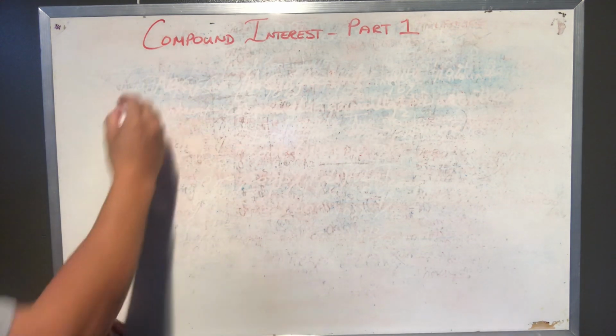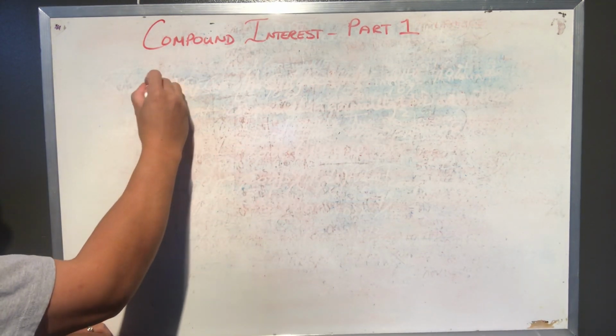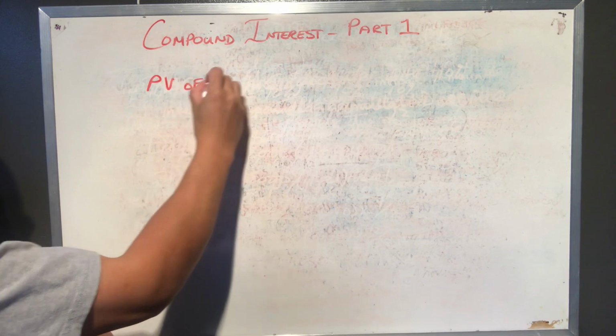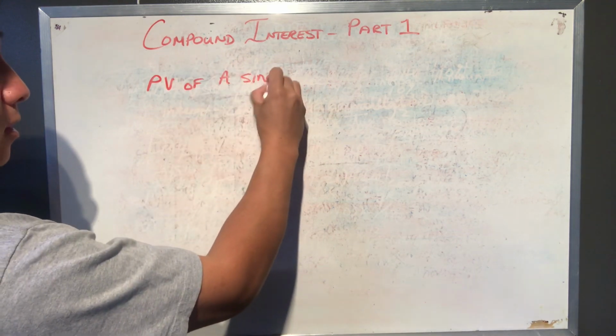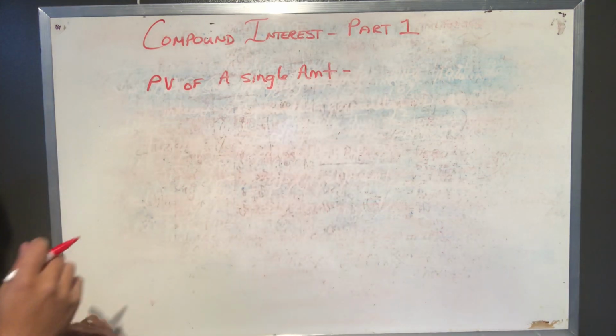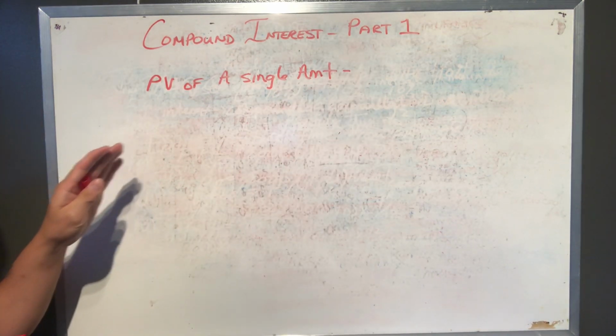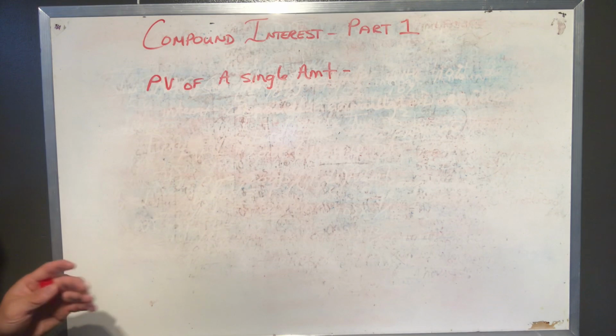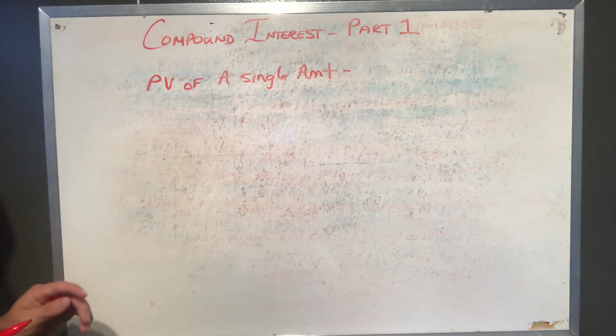The next part of this, we are going to examine what is meant by present value of a single amount. It's an amount at the present time that's equivalent to a payment or investment at a future time.